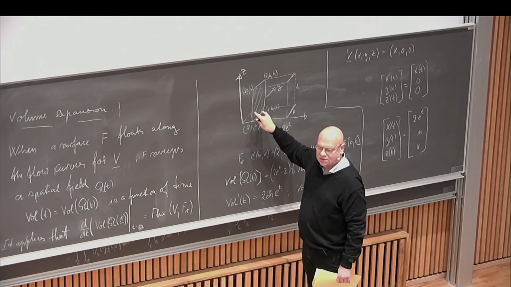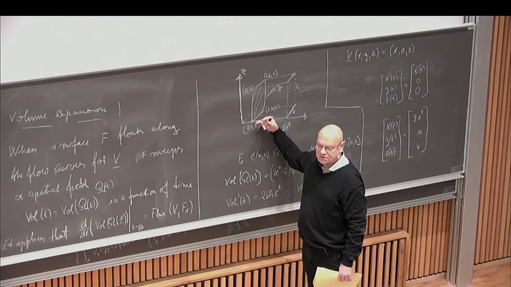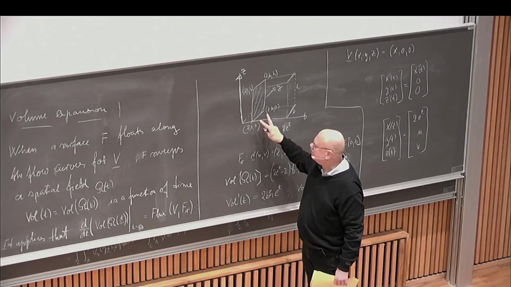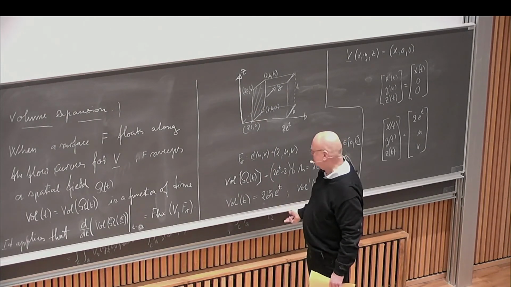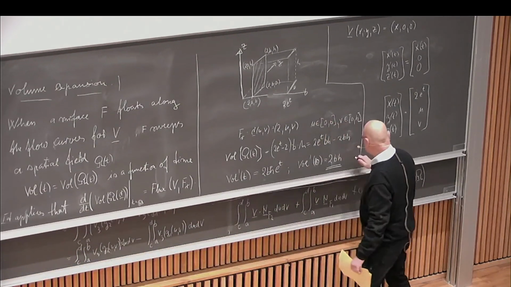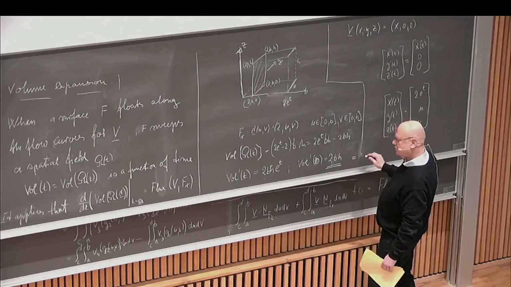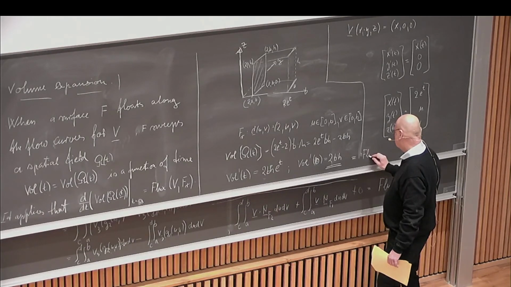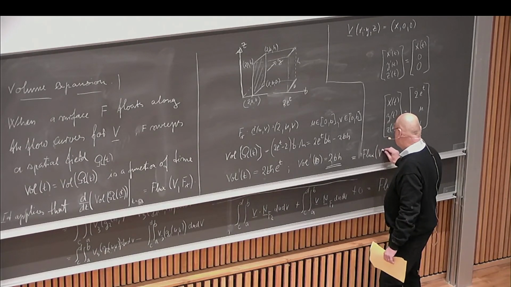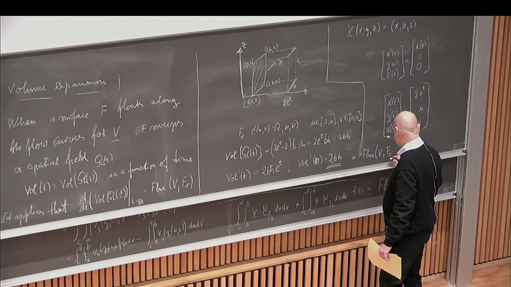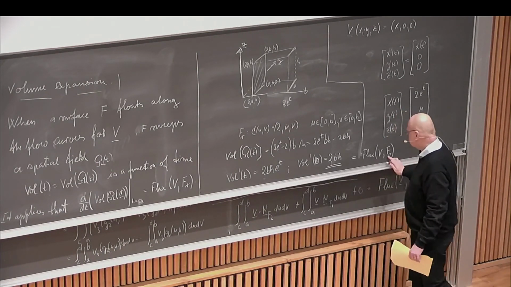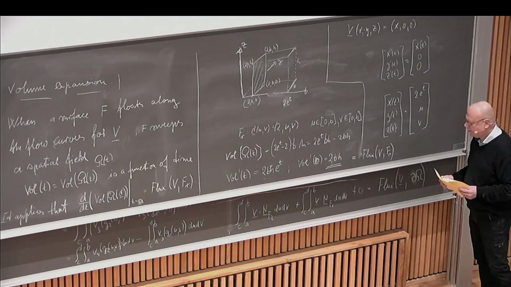You should dot it with a normal vector that is (1, 0, 0). So this value is 2, and then you have the area of this surface that is b times h. So this is equal to the flux, in this case, of v out of this area.